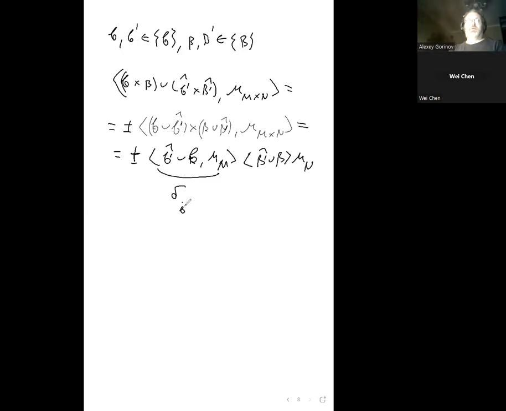And the result is delta B B prime and delta beta beta prime, where I need to replace this with a comma like this.